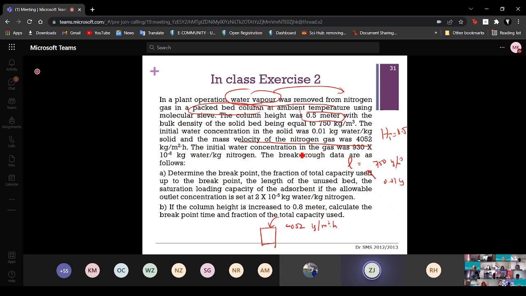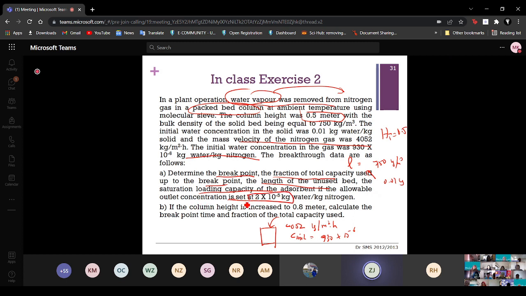The initial water concentration in the gas entering is 930 times 10 minus 6 kilo water per kilo nitrogen. The breakthrough data is given in the table. So determine the break point, the fraction of total capacity at break point, the length of unused bed, and the saturation loading of the absorbent if the allowable outlet concentration is set to this value.